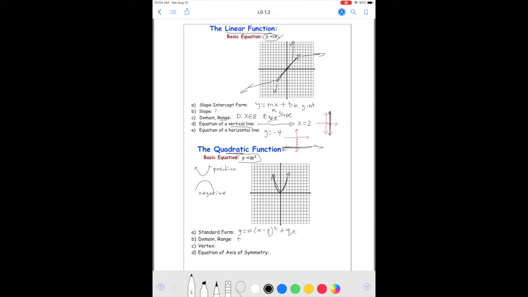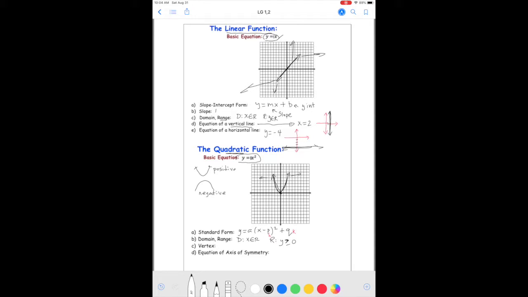Okay, so domain of this function. Well, because it's going forever to the right and forever to the left, we know it's x ∈ R. And the range, it starts at the lowest point right there, 0, and goes all the way up forever. So it's y greater than or equal to 0.